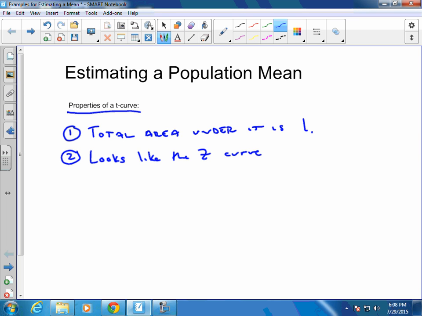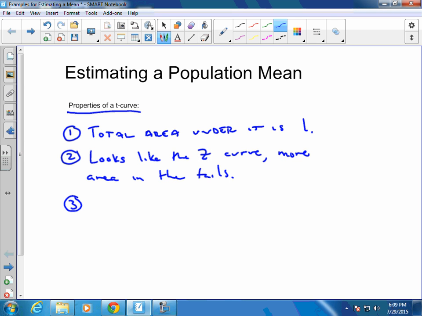It looks a lot like the z-curve. In fact, by hand, I can't really do the difference. The real difference is that the t-curves have a little bit more area in the tails.